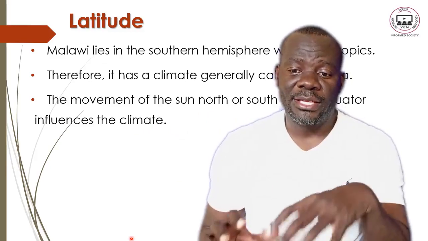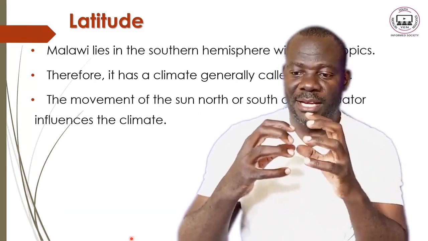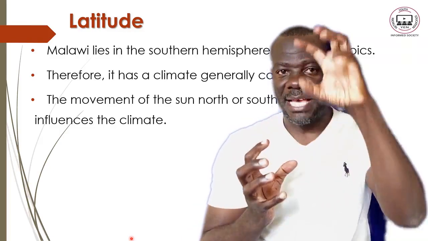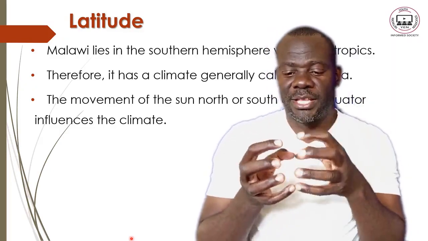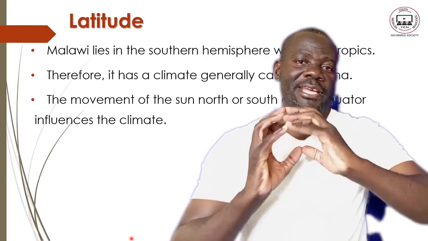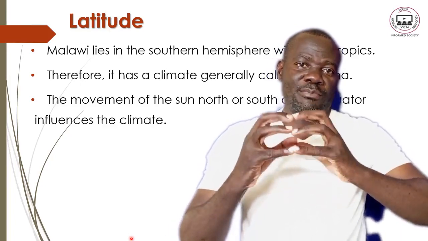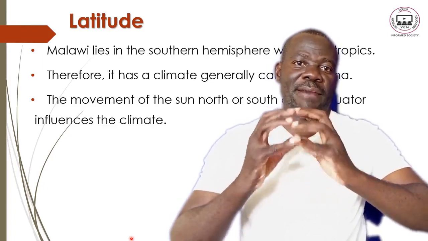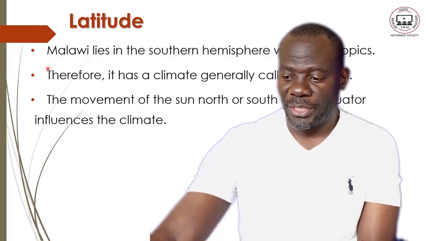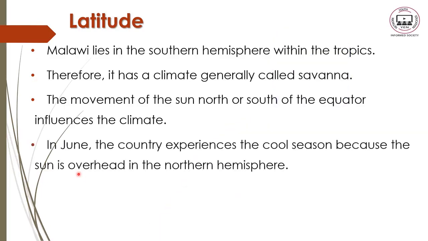The movement of the sun north or south of the equator influences the climate. Although the sun doesn't move, its position relative to the Earth changes, so sometimes one area receives more sun than another. That position of the sun influences the climate of Malawi. In June, the country experiences the cool season because the sun is overhead in the northern hemisphere.